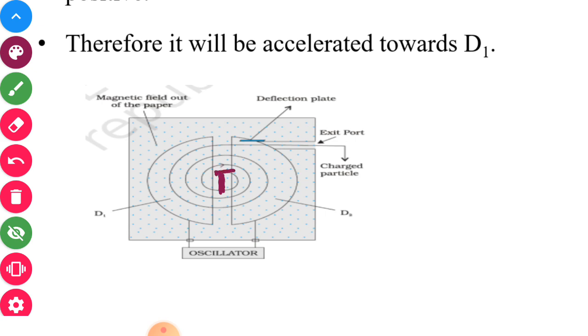It goes this way. Again I am trying to show: from here the charged particle is introduced. Now let us consider that D1 is, say, negative. So what will happen? This will be accelerated towards D1.